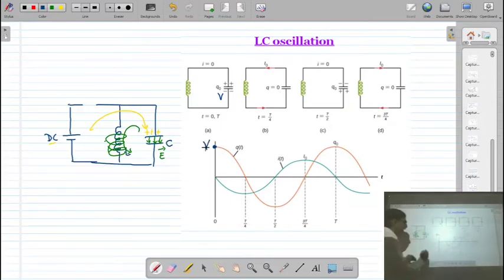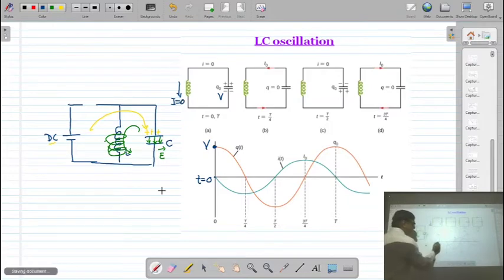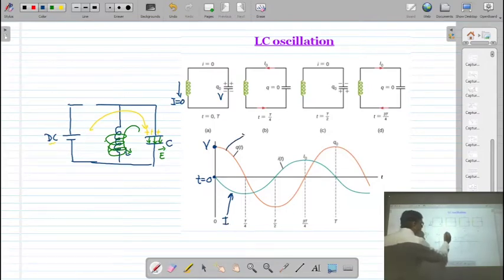At the time t equal to 0, there is a maximum voltage across the capacitor, and there is no flow of current. Here the current in the inductor is 0, and this waveform is representing the current, and this waveform is representing either the charge or the voltage across the capacitor.